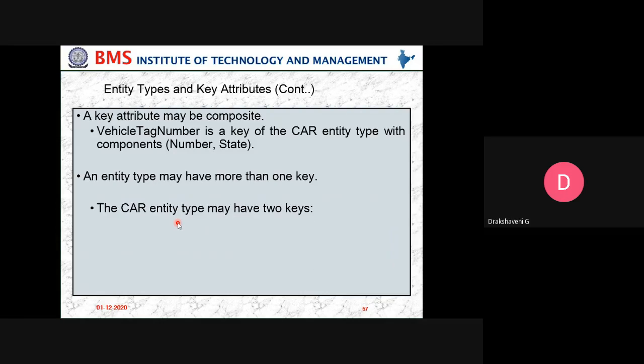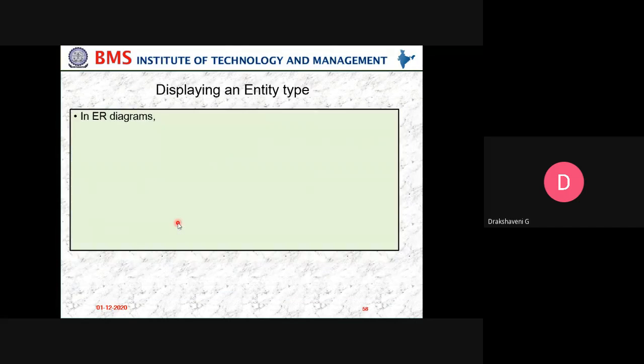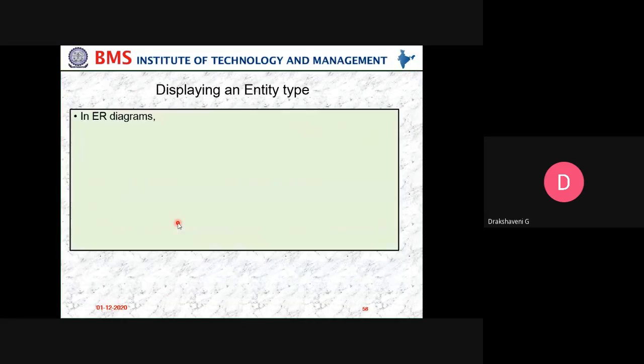A car entity type may have two keys: vehicle identification number, popularly called VIN, and vehicle tag number, that is number, state, license plate and the number. Each key is underlined. When we say it is a primary key, to differentiate it from the other attributes, each key is underlined.